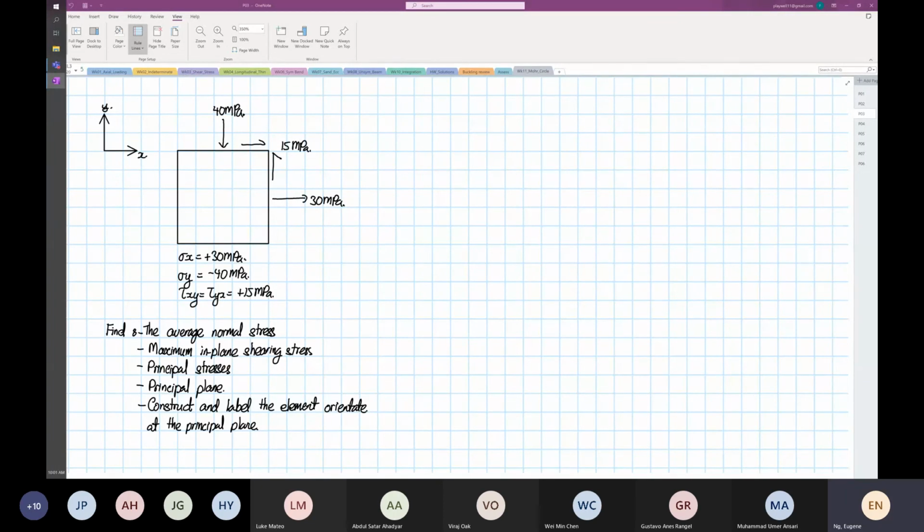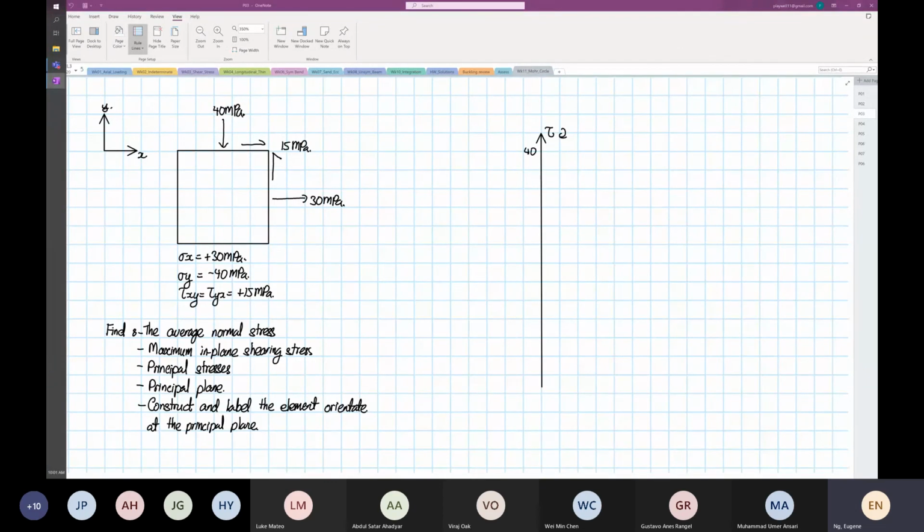So our normal stress, so that is our vertical. So this is our shearing stress in the clockwise direction.